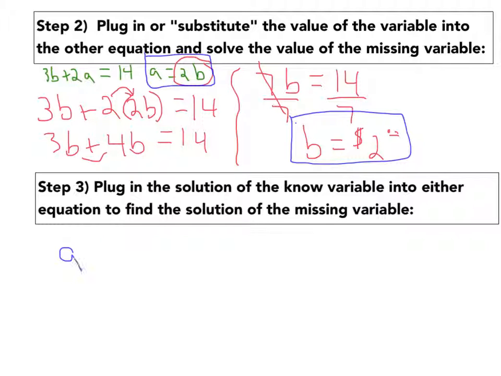So a equals 2b. We plug in 2 for b. So now we have a equals 2 times 2. So a equals 4. So the price of the apples is $4. Complete ripoff.